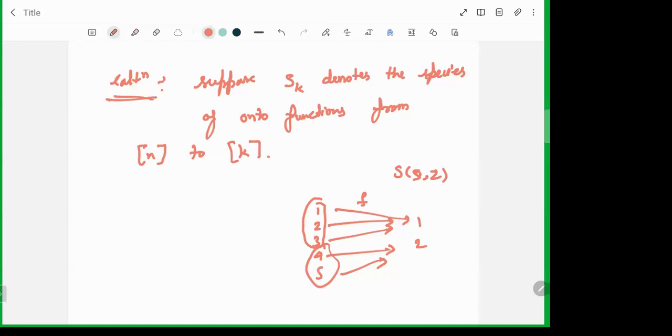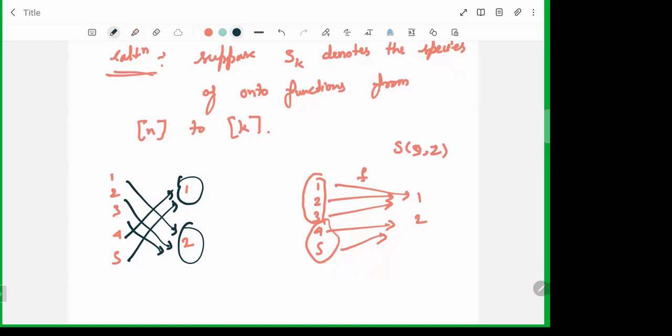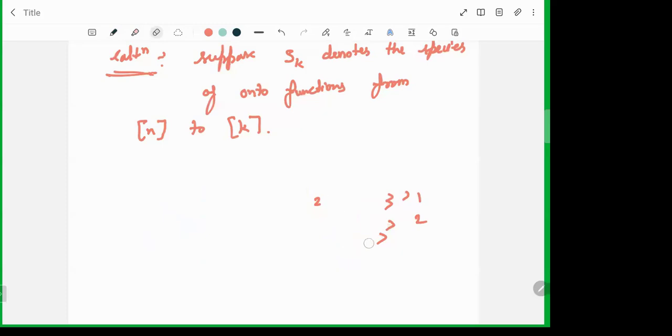But if you take another function, sending 1 2 3 to 2 and 4 5 to 1, they will again give you the same partitioning, right? So the number of functions is more. That's what I'm trying to say. So S_k denotes the species of onto functions from n to k.